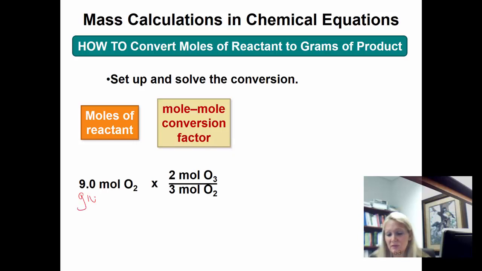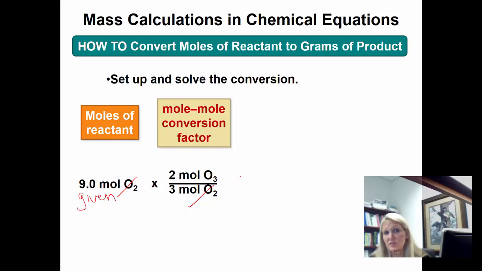This is what's given to us. We always write out what's given. We have 9 moles of oxygen, and then we plug in our mole to mole ratio from our balanced equation so that moles of oxygen cancel. It has to be 2/3, not vice versa, so that the O2 also cancels. So we're left with moles of ozone.